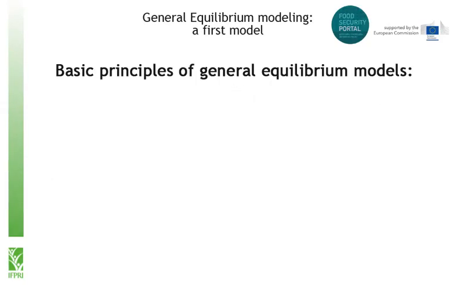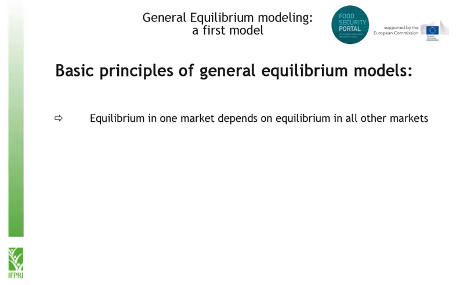So let me state the basic principle of general equilibrium models. The basic principle is that equilibrium on one market depends on equilibrium on all the other markets. Why? If we look at the same example, the oilseed sector, what happens in this sector depends on supply and demand in this sector.